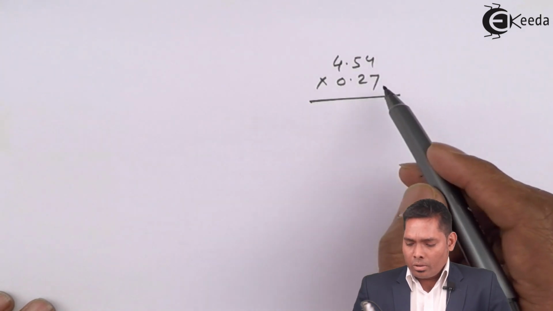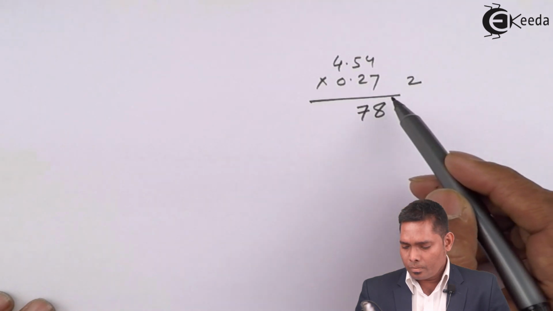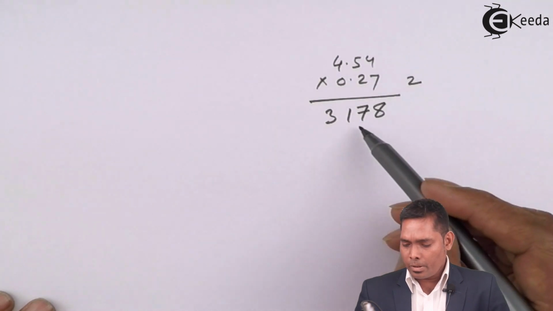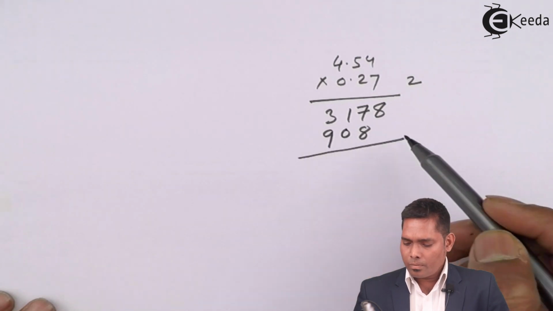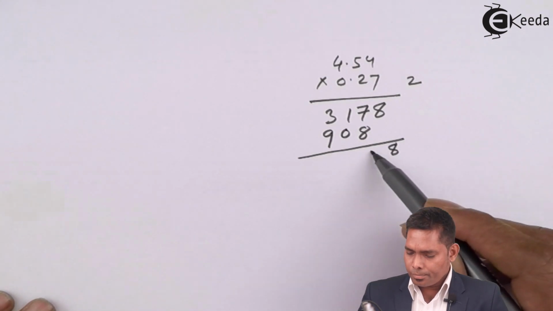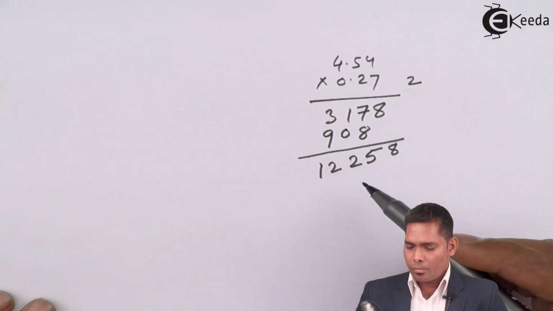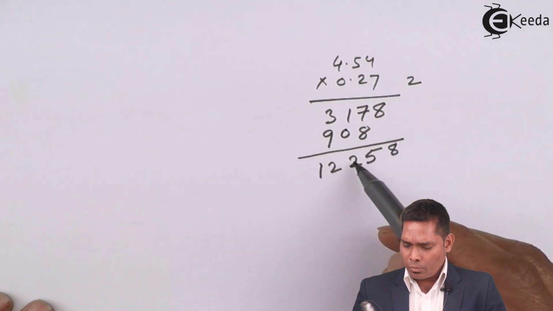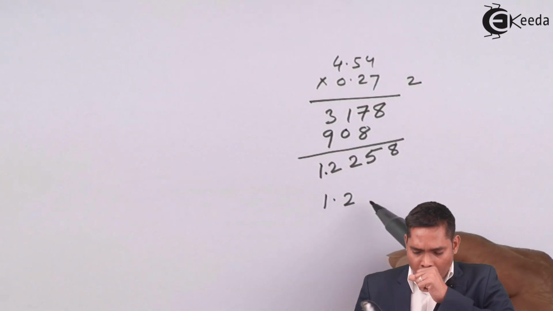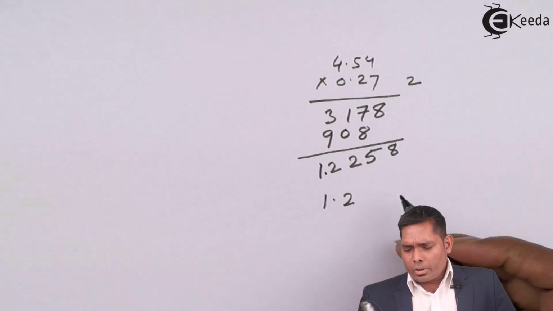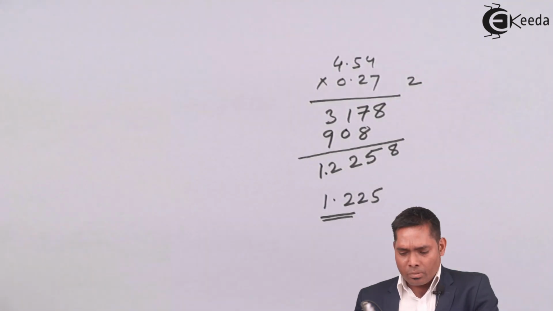Four digits I have to shift, 1, 2, 3, 4 here, so it is 1.2 approximately. I'm getting 1.225.